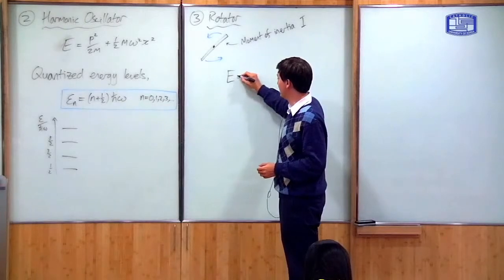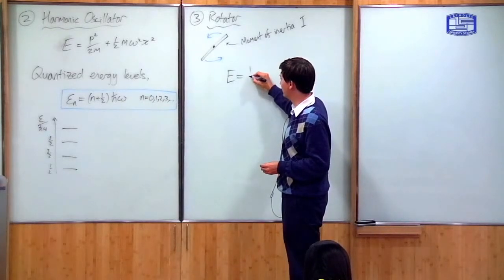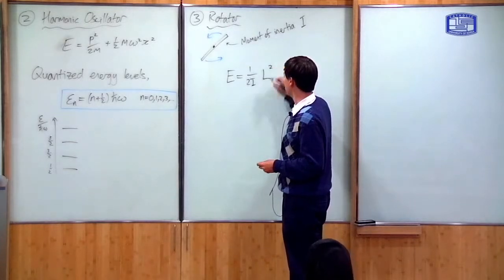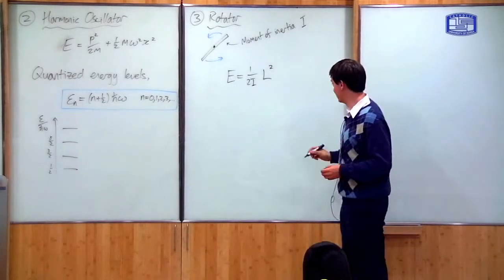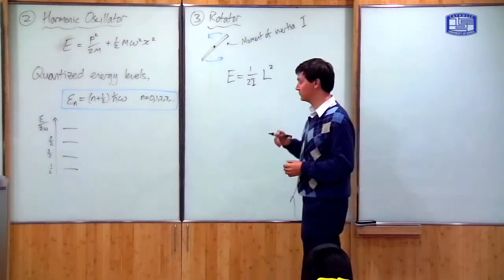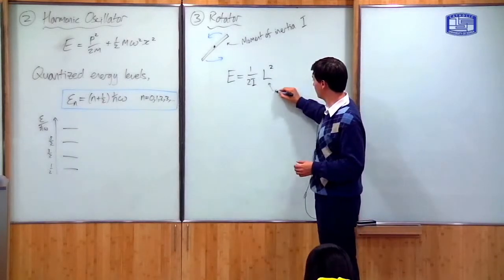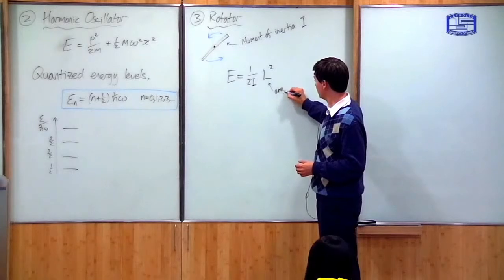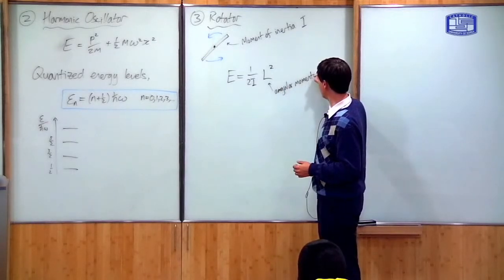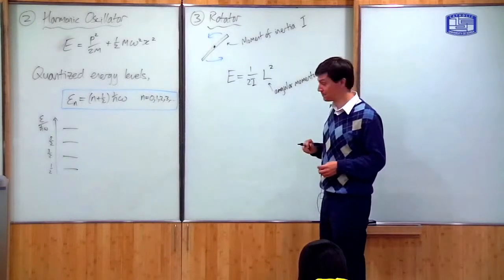Now in this case, the energy is given by 1 over 2I times the square of the angular momentum. This is the result from classical mechanics.